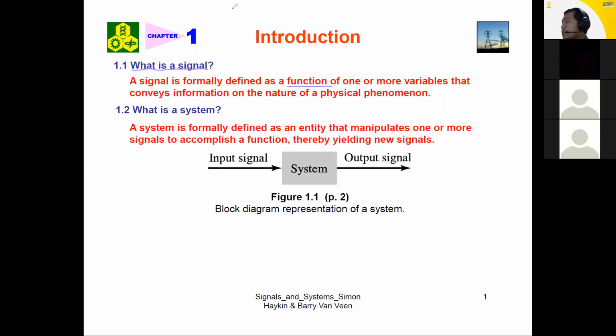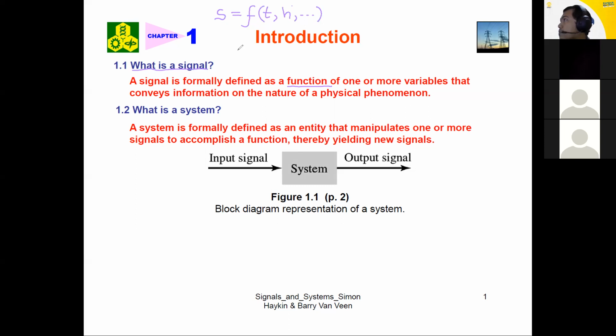If I write a signal, this is a signal, it is a function, so we can write it mathematically like this: a function of one or more variables, let's say a variable t, maybe a variable age, and so on.